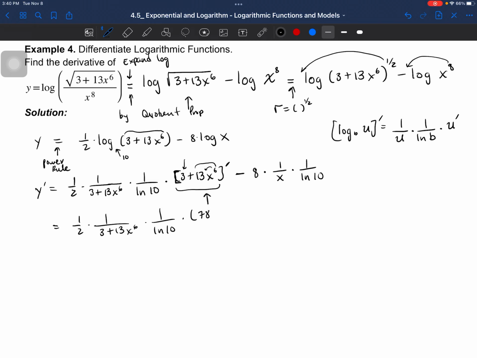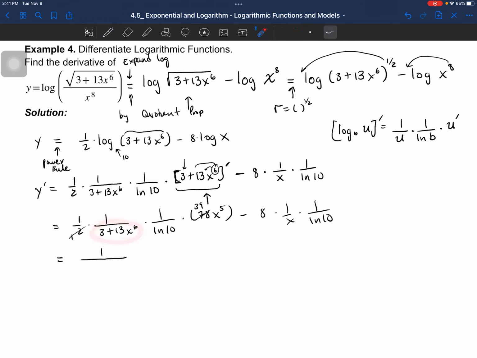The derivative of the other part uses the power rule, so that will be 6 times 13, which is 78, times x, and then subtract 1 from the power, so that's a 5. And then minus 8 times 1 over x, times 1 over the natural log of 10. All right, so that's pretty much it. We found the derivative. All we gotta do now is put everything together and simplify.